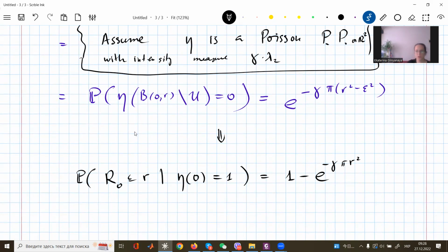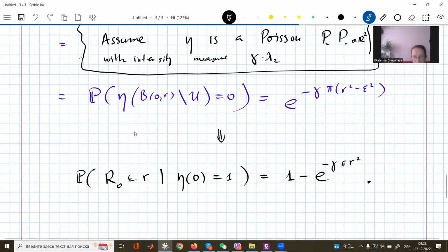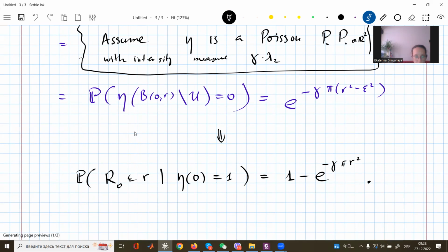So here you can see that this is the probability that we have no points in the ball of radius r in a Poisson point process.